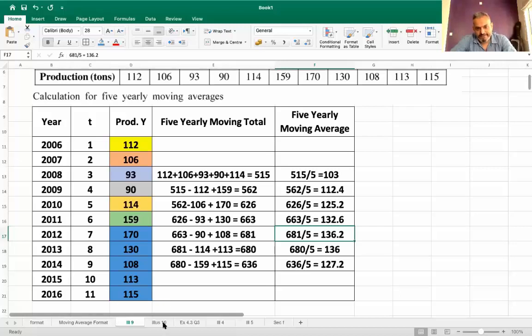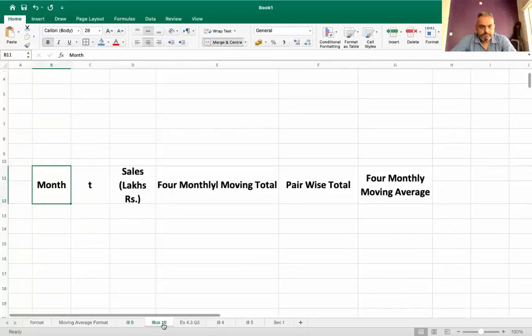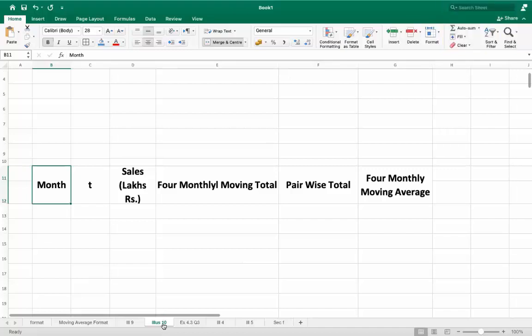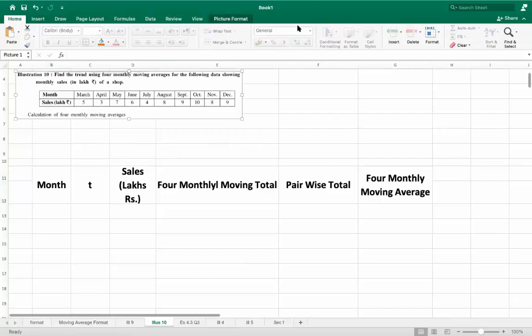Mark it important for exam. Now, let's read the question first.